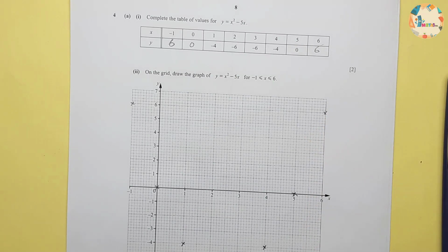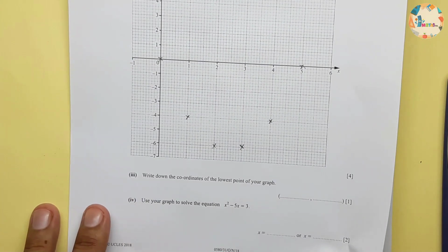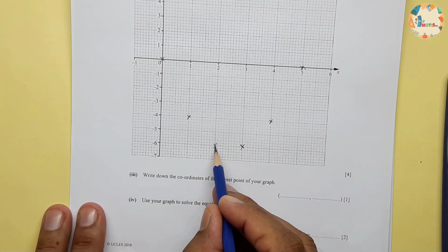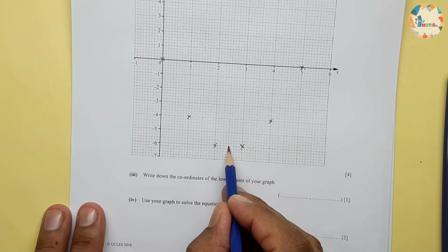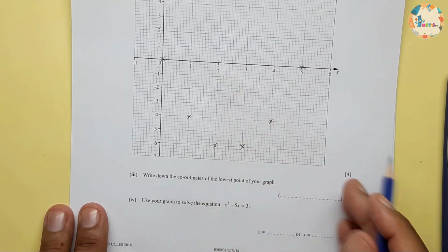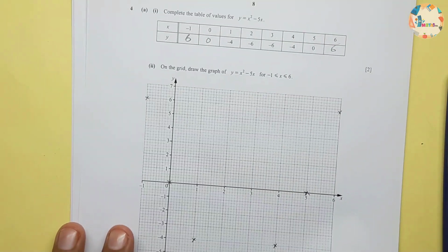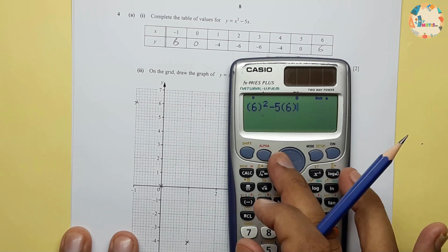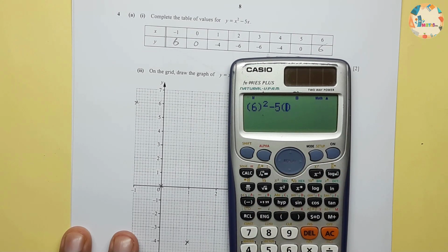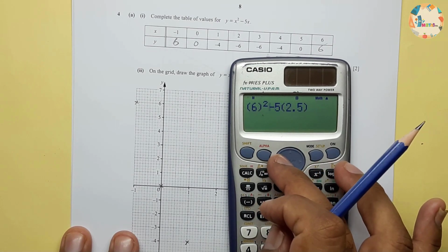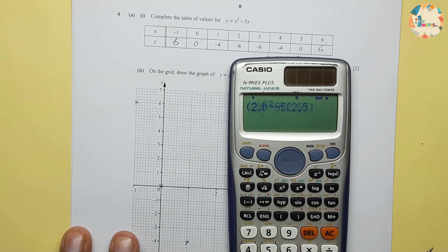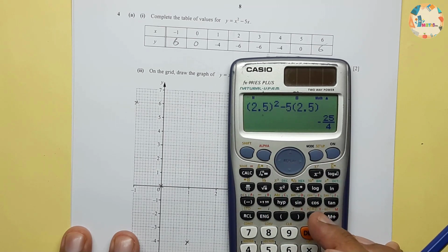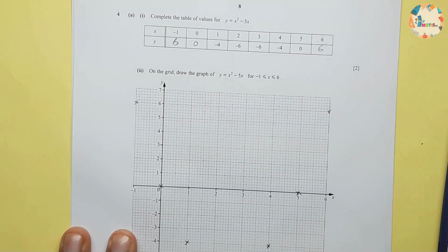So we got all the points. Now we have to draw the graph. Before drawing this graph, if you see these two points are in balance, so we have to check the middle point, which is 2.5. So we replace value of 2.5 in this equation, so this will be equal to minus 6.25.